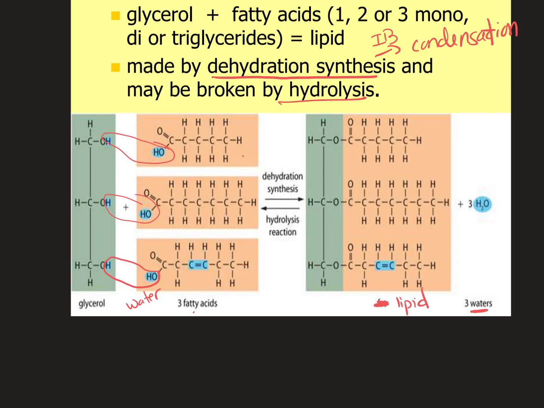Okay. And notice, we talked about the different lipids because of the different fatty acid compositions. So notice that this one here is saturated. This one here is also saturated. But this one is unsaturated.